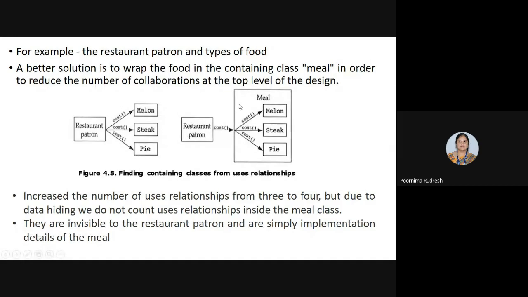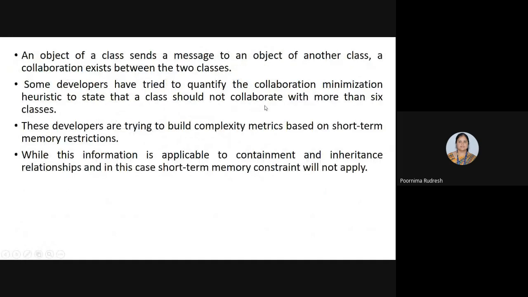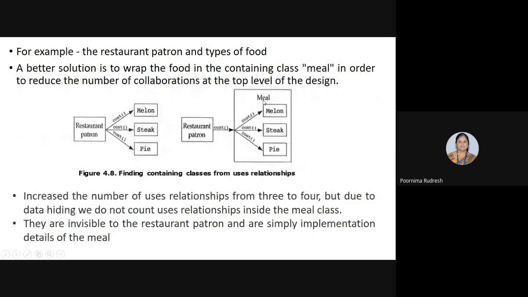We are wrapping the food in the containing class meal. We are creating one more class called meal and putting all these three together. Then it leads to a new class meal consisting of melon, steak and pie. See here, the collaboration is reduced from 3 to 1.